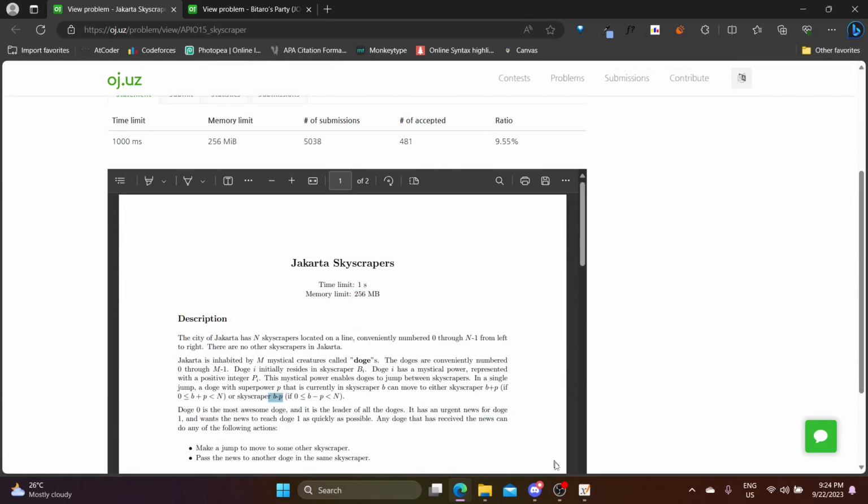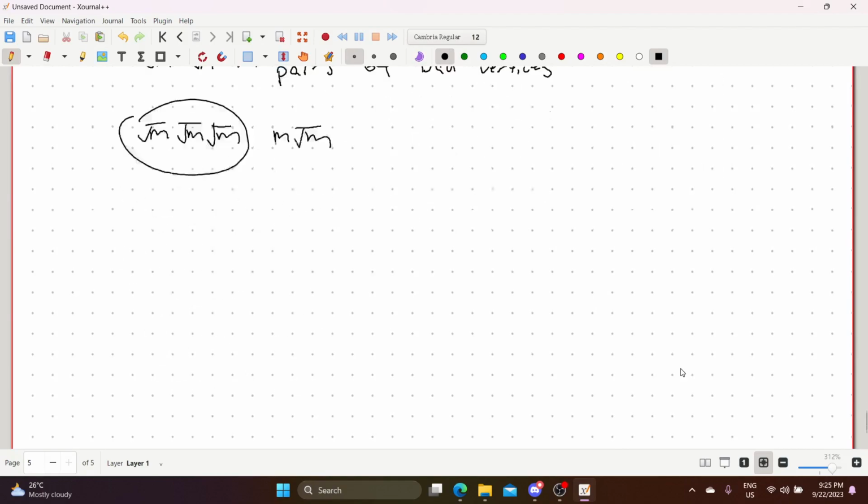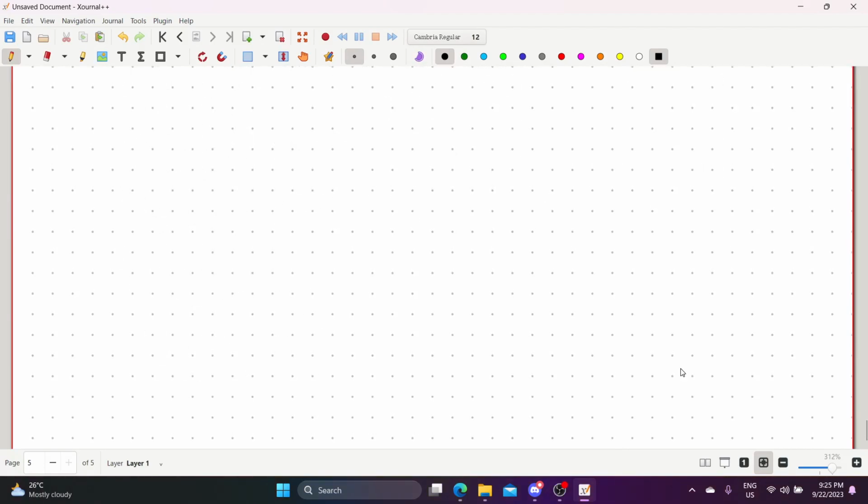Okay, so a naive approach we have is that we can just do a Dijkstra. So if we start at Doge 0, it has a certain power p. What we can do is that this one is p, this is 2p, this is 3p.